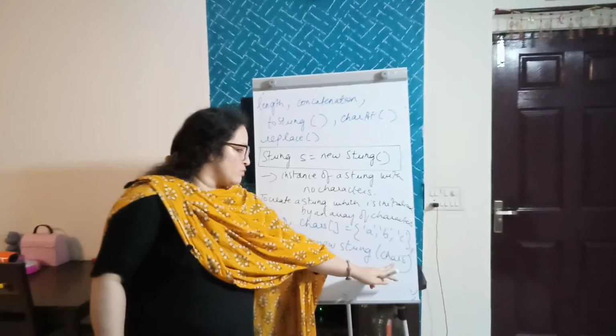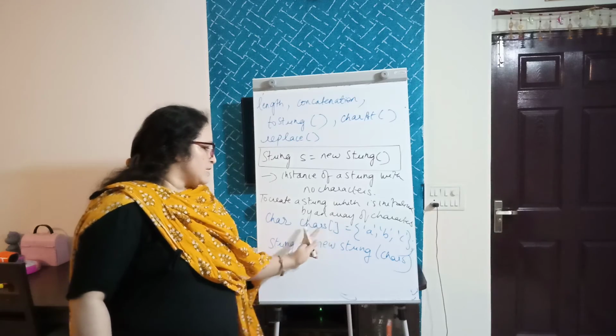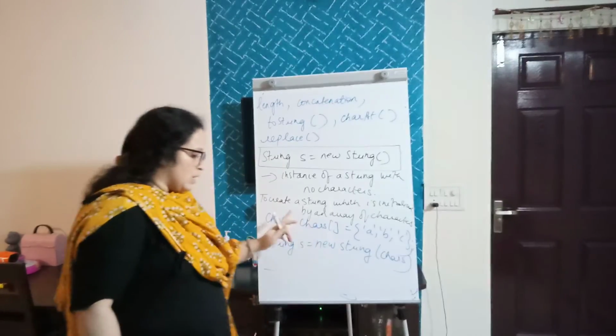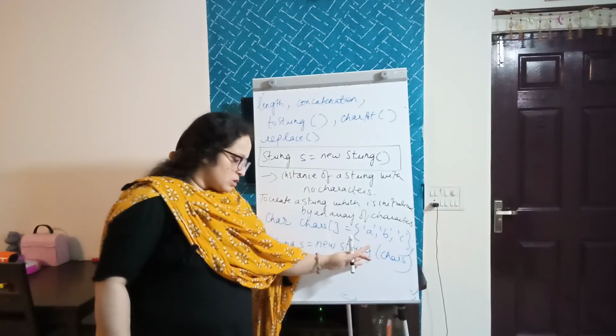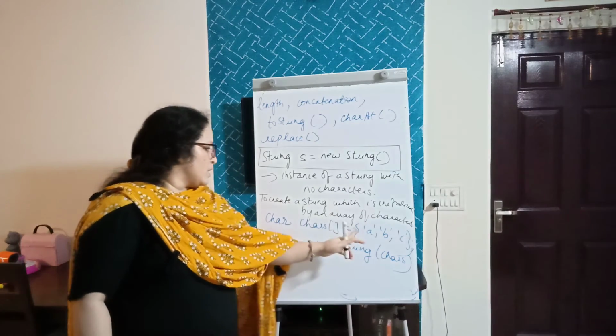String s = new String(chars). So where will it go? It will go to this chars array, and what will it do? This is a constructor, basically it's a parameterized constructor. So this constructor will initialize s with the string ABC.